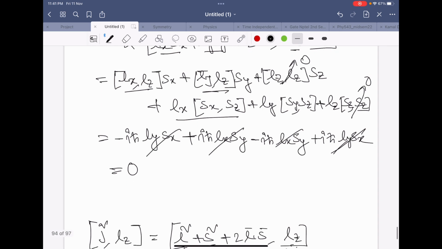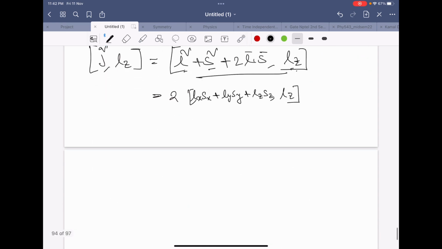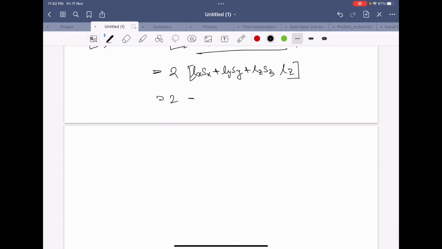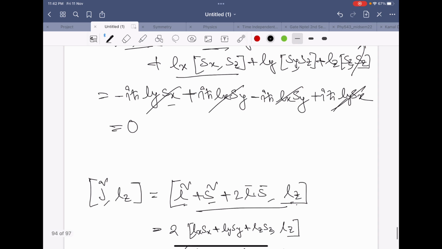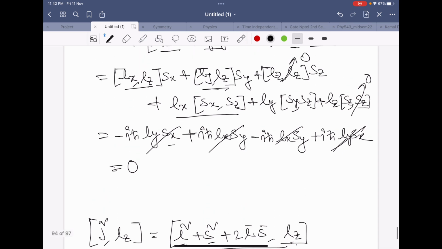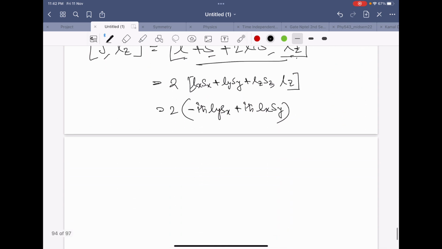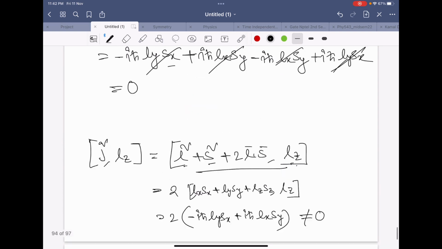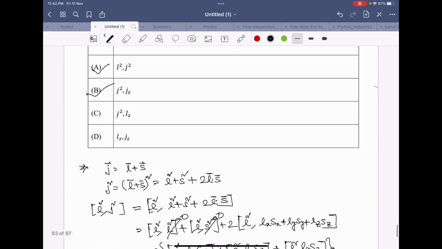What we got is minus i h bar Ly Sx and plus i h bar Lx Sy. So 2 times minus i h bar Ly Sx plus i h bar Lx Sy. This is definitely not equal to 0. So option C is not correct.